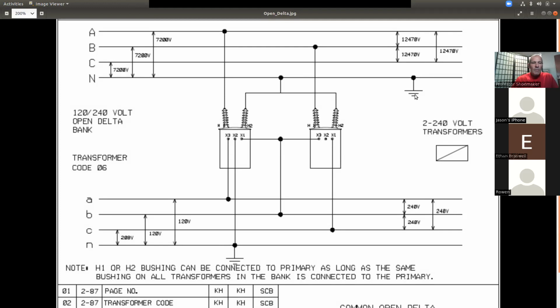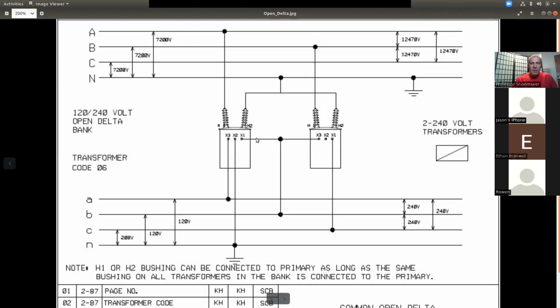Two. If you're looking at it, this is it. So you've got an open delta bank here. You've got two different transformers. We'll talk about the wiring processes a little bit later on when we get together, but that's just a helper. So that's open delta.